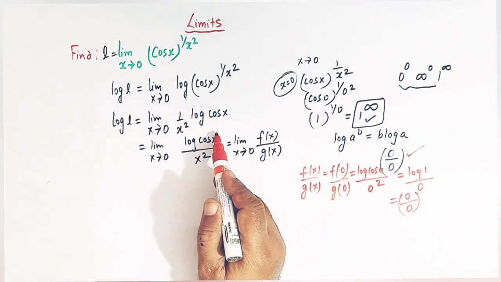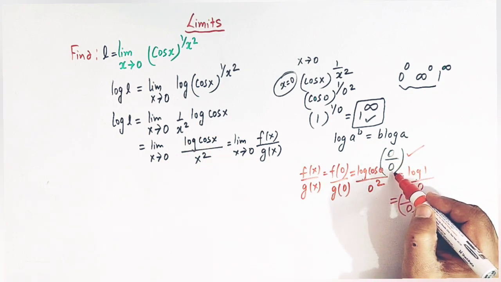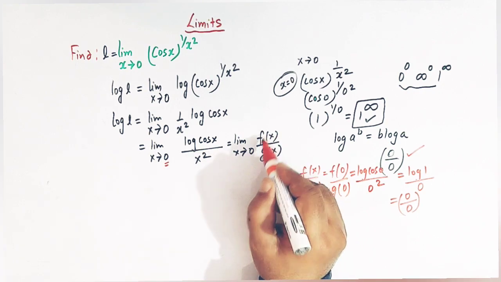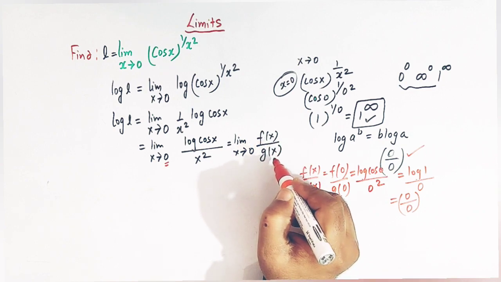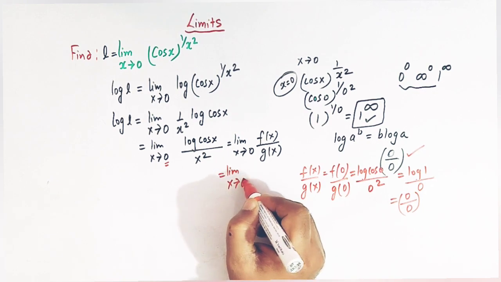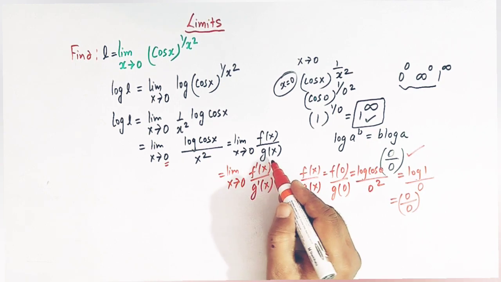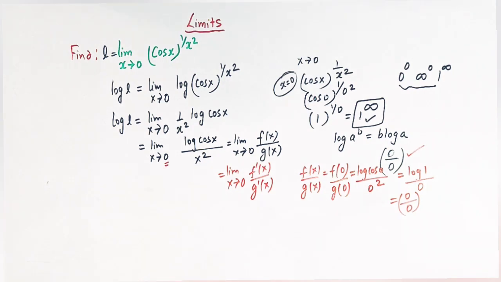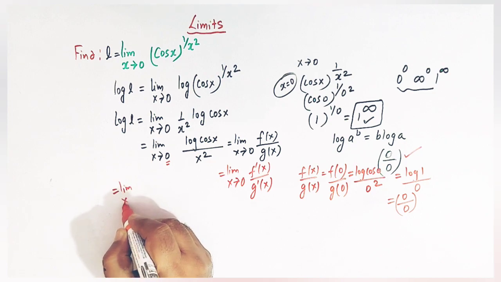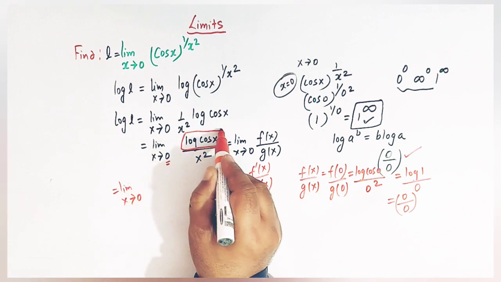So once we see that this expression gives us the form 0 over 0, by taking x is equal to 0, we can differentiate f of x and g of x separately, and we can now write limit x tends to 0 f prime of x divided by g prime of x due to the L'Hopital's rule. So now the derivative of f of x, right? f of x is log of cos x, right?